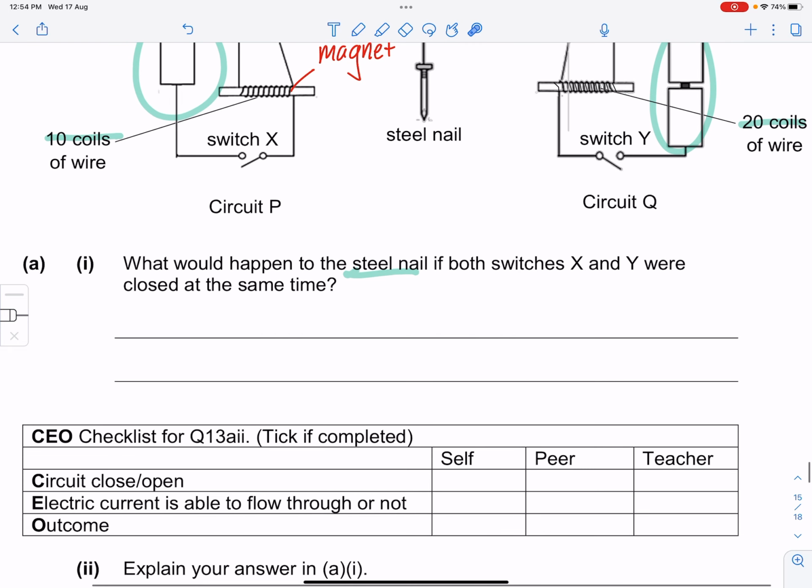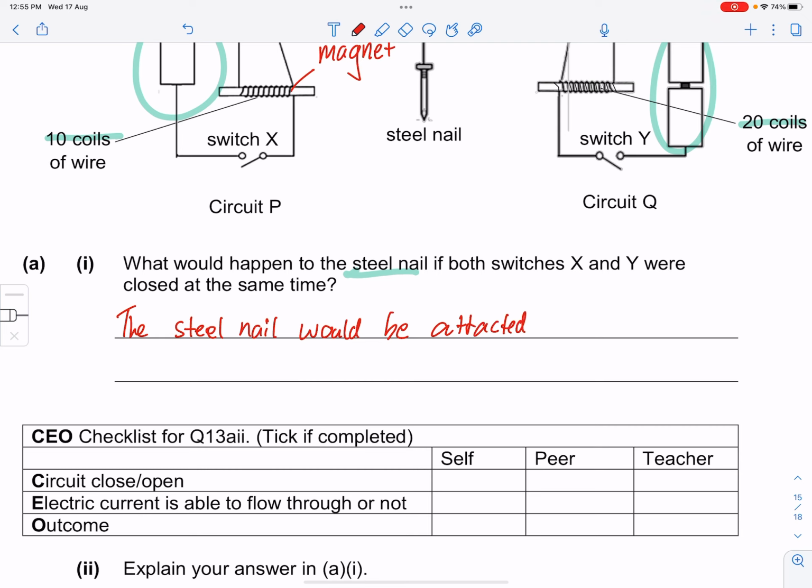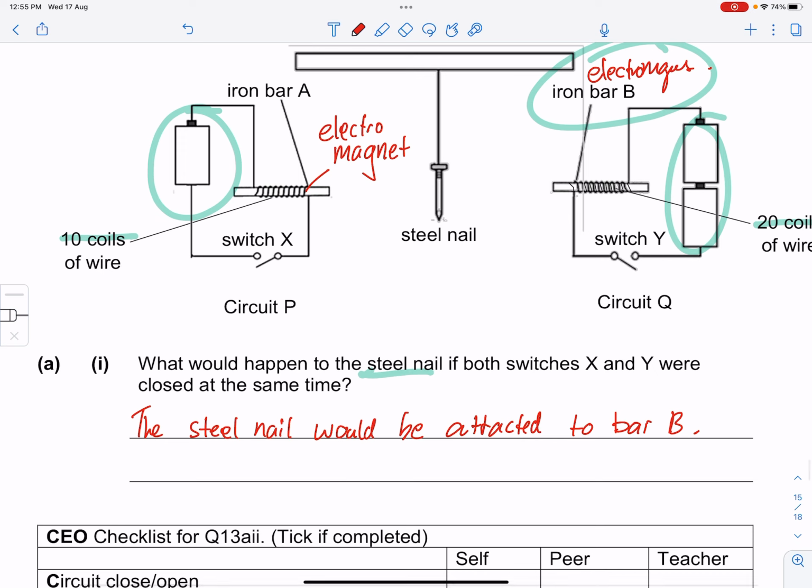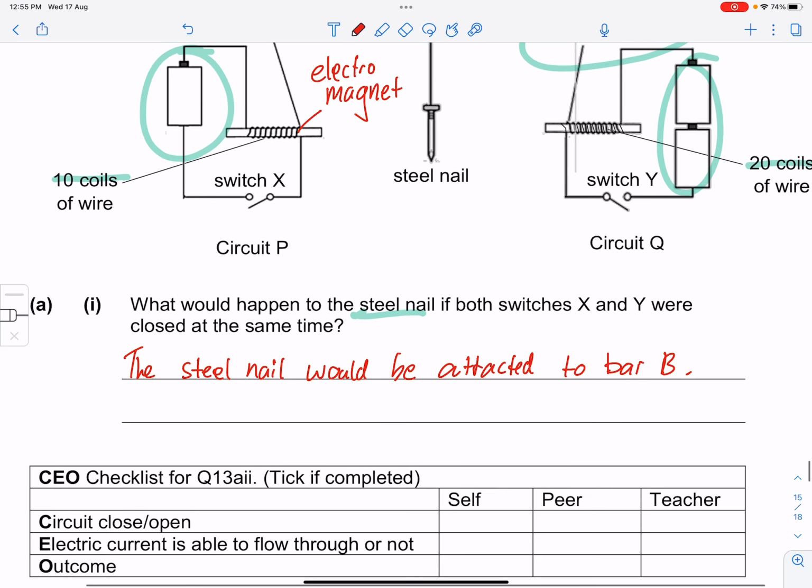So straight off, very simple, the steel nail would be attracted to iron bar B. Because there's only 1 bar, it's fine to just say bar B. Now, next, very importantly, some of you, instead of telling me iron bar B, tell me the steel nail will be attracted to circuit Q. That's not correct.